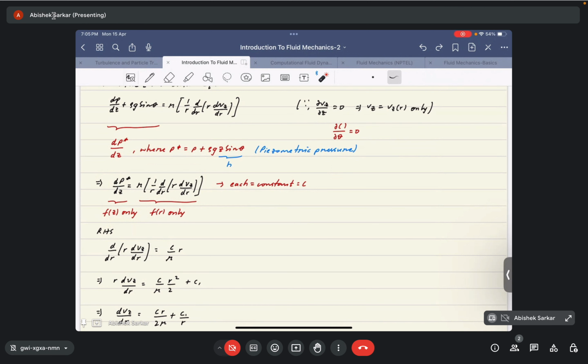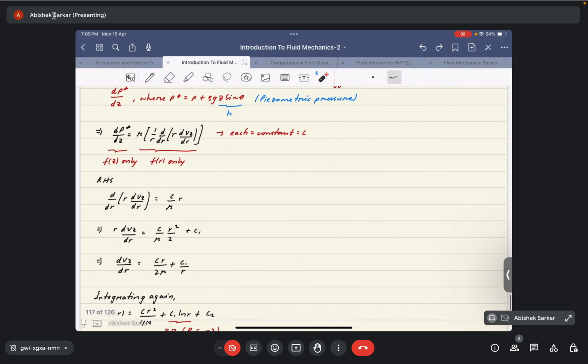Since both of these terms are functions of different independent coordinates, in order to have these terms equated, both of them have to be equal to a certain constant c. Similar to what we did for flow between two parallel plates, let me consider this term to be equal to some constant c.